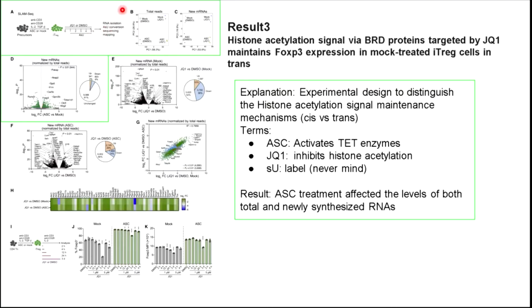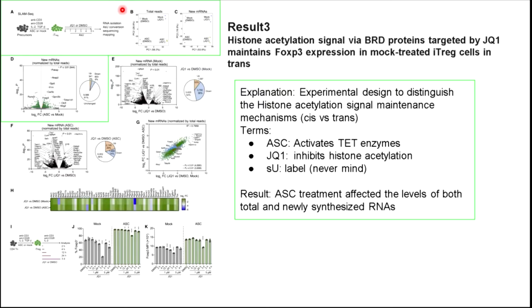Figure B is a PCA plot showing that this protocol failed to avoid the influence of JQ1 on total RNA transcripts. However, in figure C, they explained that there is a striking effect of acute JQ1 treatment on global transcriptional activities.